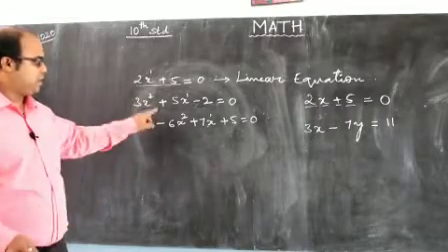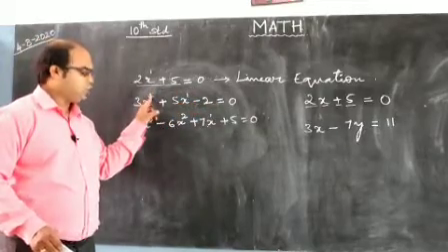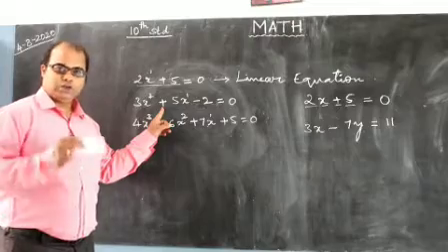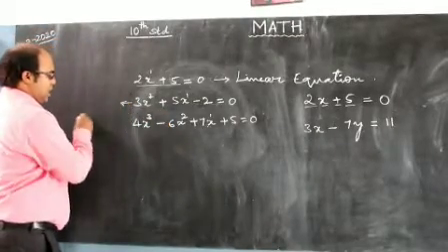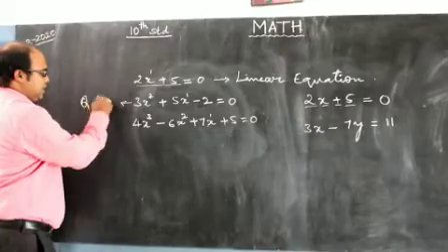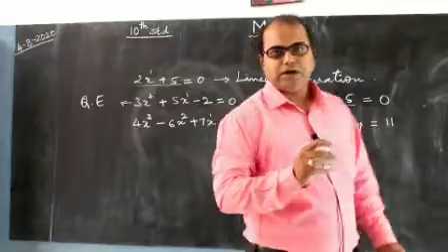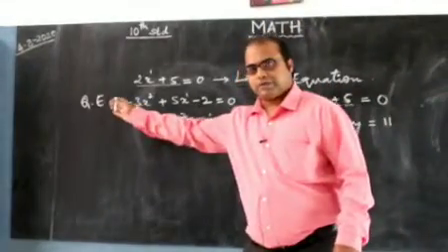Now, here if you see, which is the highest power? It is 2. That means the degree of this equation is 2. Therefore, we call this equation as quadratic equation. Whenever you have the highest power or the degree as 2, we call it as a quadratic equation.